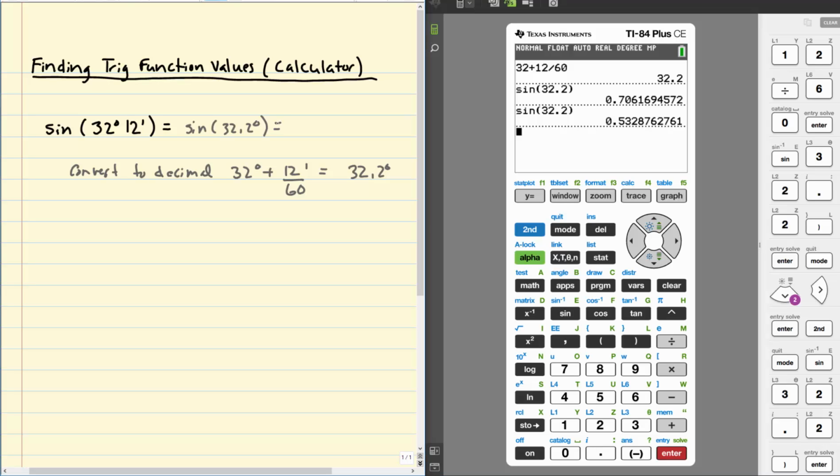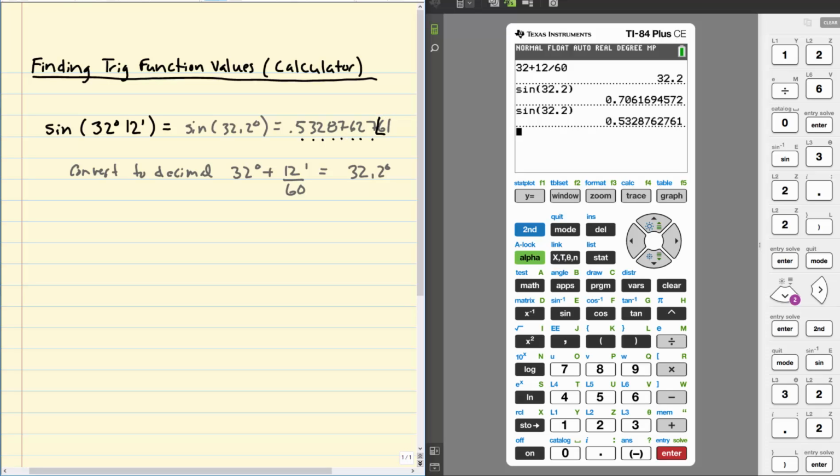Now when you do these problems, they'll tell you how you want us to round. I think this one wants us to round to like 8 or 9 places. So let's take this out quite a ways. So this would be 0.5328762761. So if they want us to round this to 8 places, this would be 1, 2, 3, 4, 5, 6, 7, 8.